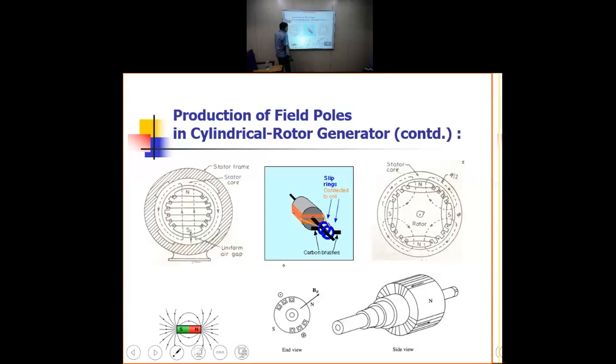For any conductor, you know that whenever DC current flows through a conductor, a magnetic field is produced.